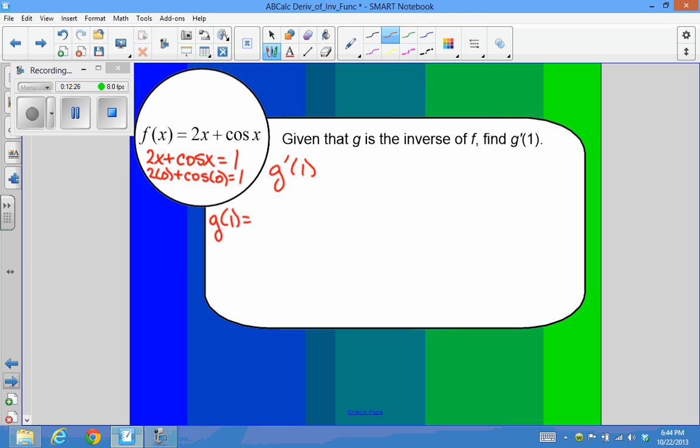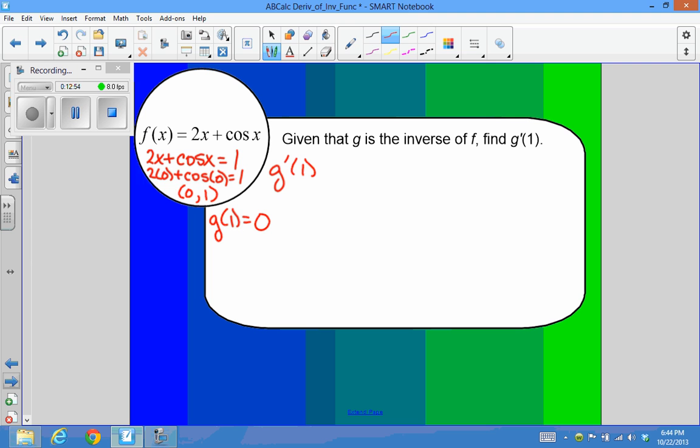Oh, well then that means that if my x value is 0, my y value is 1. I know, that's a really nice thing that you might not have thought of off the top of your head. You are welcome to put 2x plus cosine x into y1, put 1 into y2, and figure out where they intersect. It should be at the point (0, 1), which means that the inverse is (1, 0).